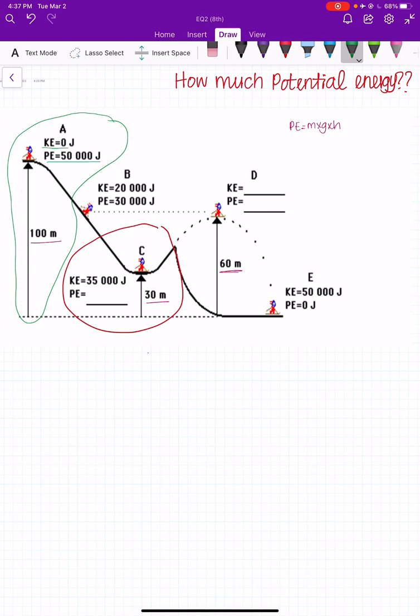Remember, the only calculation we need to remember right now is potential energy plus kinetic energy equals total energy. And we can use this calculation to drive our next one.